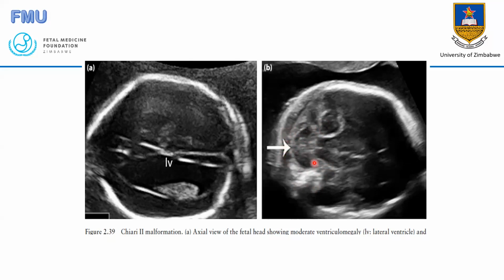Why are we getting this? Because the brain in the posterior fossa is being pulled by the tethered spinal cord. This is why it is obliterating the posterior fossa. So that's a lemon head, banana sign, and of course, ventriculomegaly here, due to the obstruction at the level of the foramen magnum.